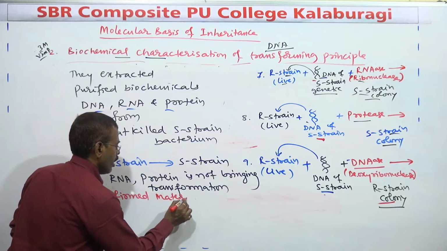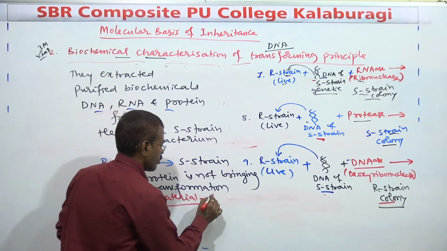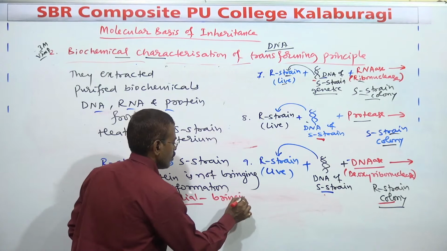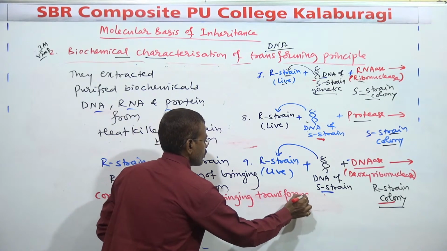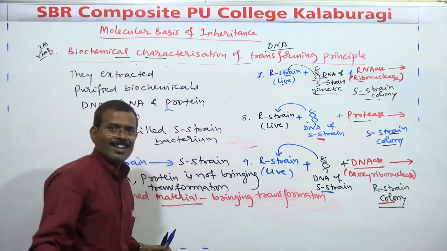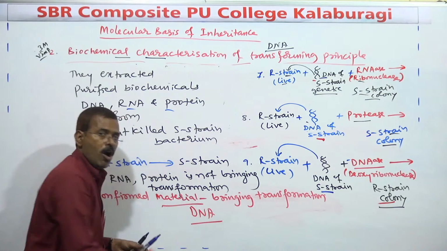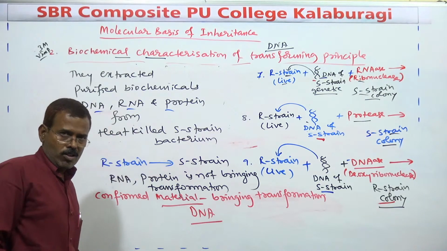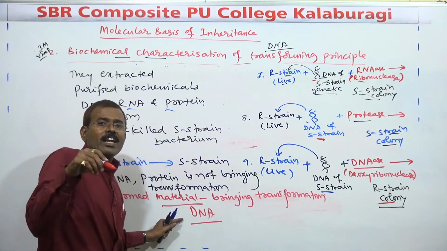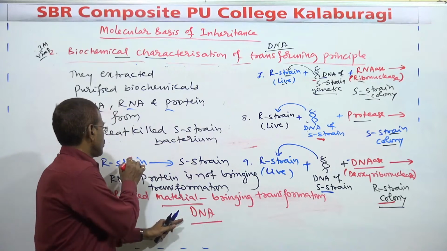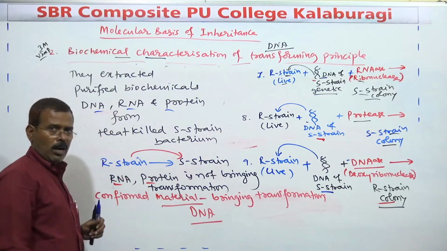They confirmed the material, the genetic material, the biochemical which is bringing the transformation, is none other than DNA, deoxyribonucleic acid. So undoubtedly, they confirmed that DNA is bringing the transformation of rough strain into smooth state, not these other biomolecules.